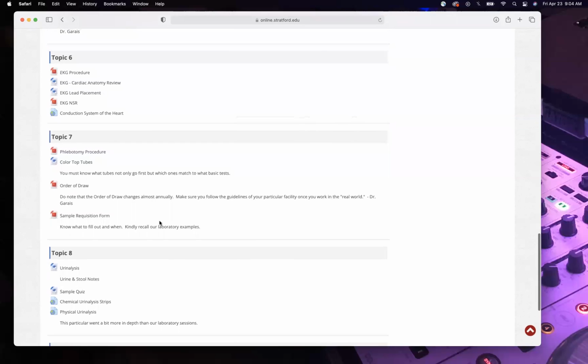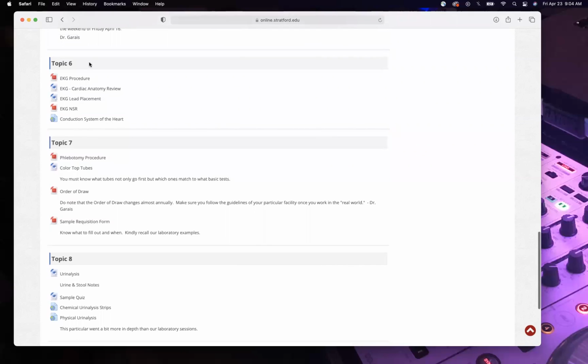But the neat thing is, for the EKG, I've broken it down to everything that you need to know for your future registry examination and to do an EKG.